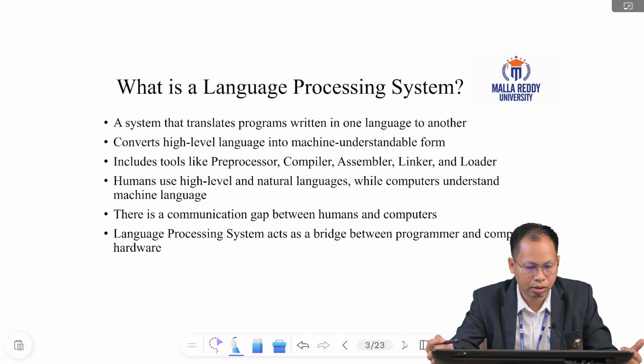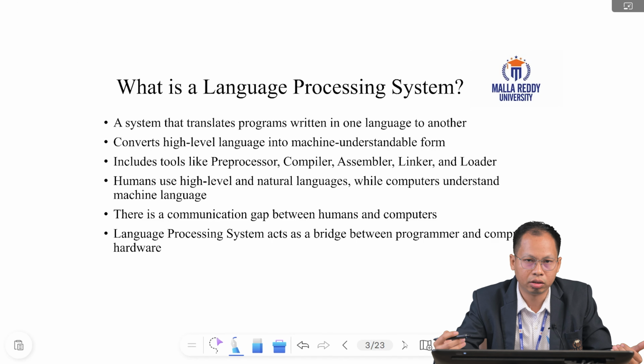Then the next is, as I said, humans usually understand high-level programming languages or our natural language, which are convenient and easy to read and write for human beings, whereas computers understand only machine language. In the sense, they understand only binary numbers. So there is no direct communication between these languages.